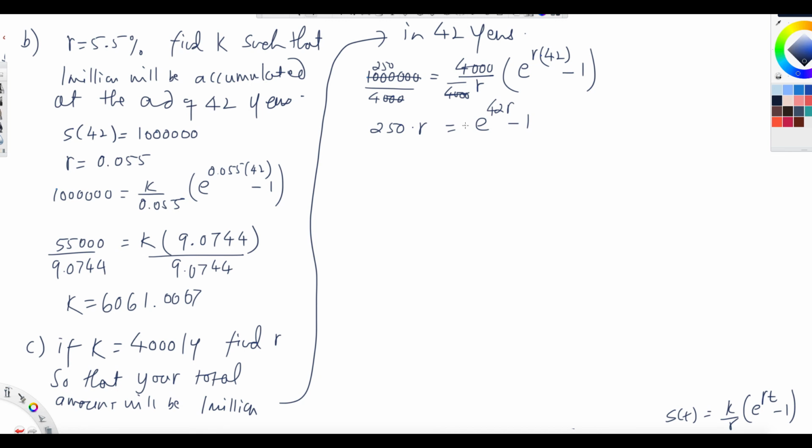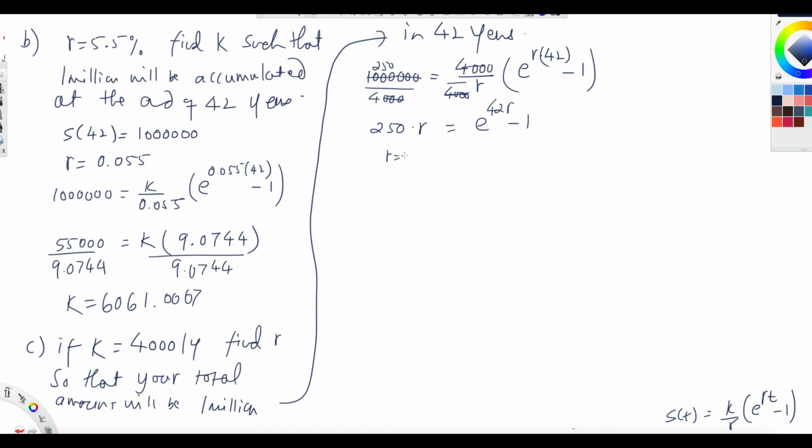One thing you can do is use a calculator, like the TI-83 or 84, to solve this. You just move this to the right side, plot e to the 42x minus 250x minus 1, and see where it crosses the x-axis. That's one way. The other way is to try different values of r.